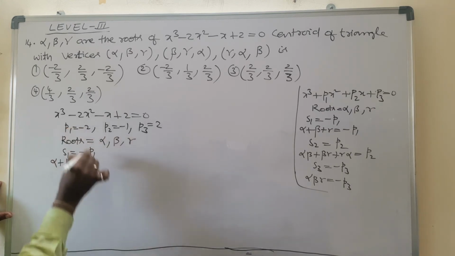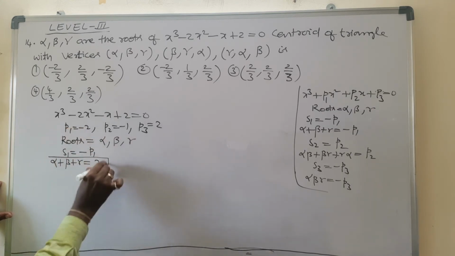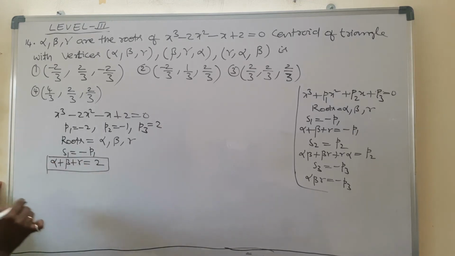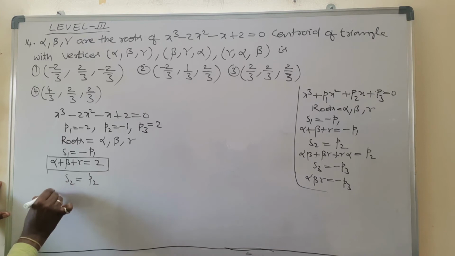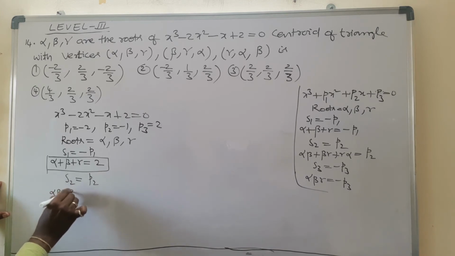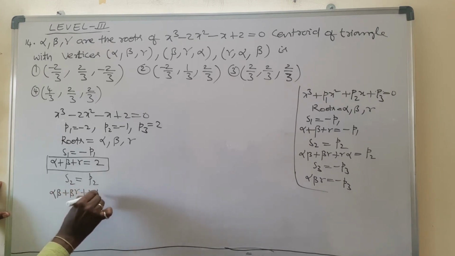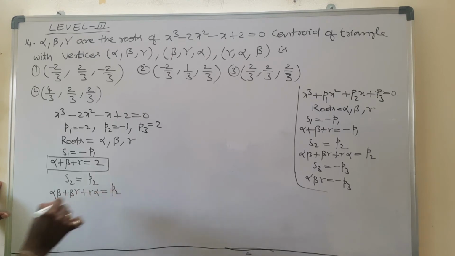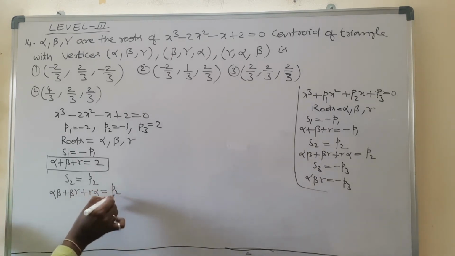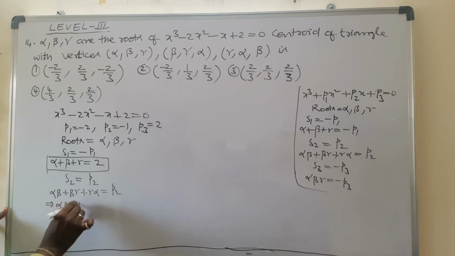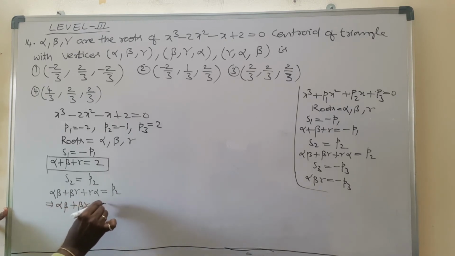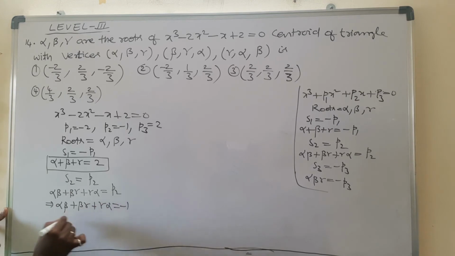Here p1 is minus 2, so it is plus 2. This is the value of alpha plus beta plus gamma. Next, to find S2, S2 equal to p2, alpha beta plus beta gamma plus gamma alpha equal to p2. Here p2 value is minus 1, so alpha beta plus beta gamma plus gamma alpha is equal to minus 1.